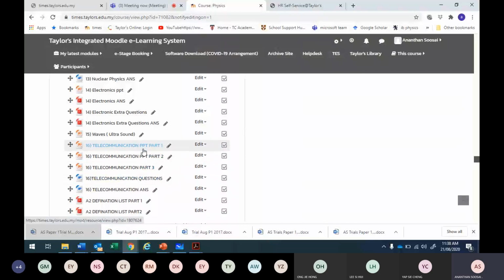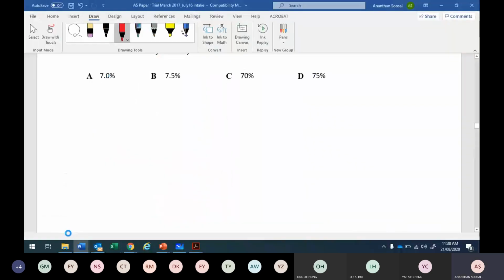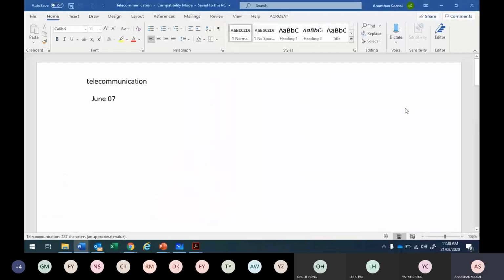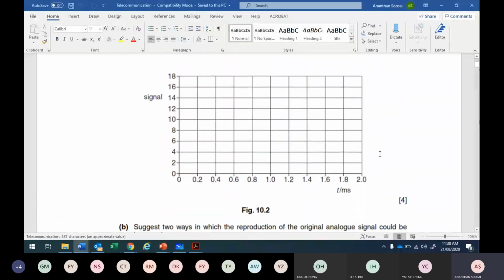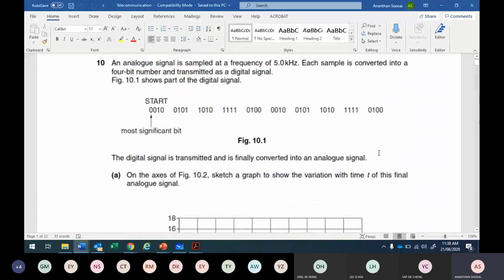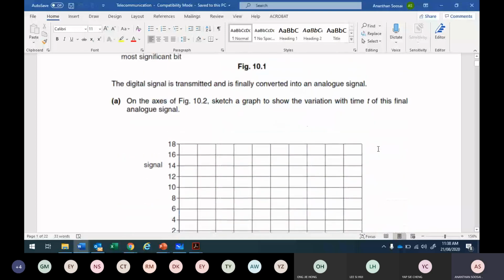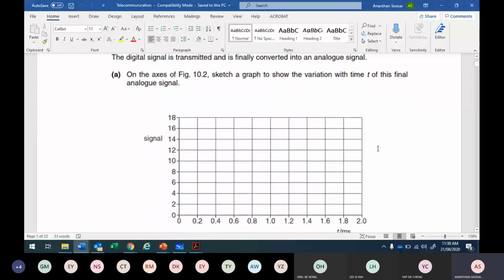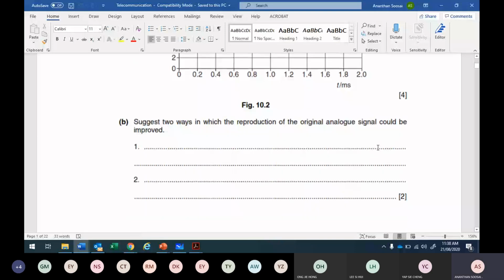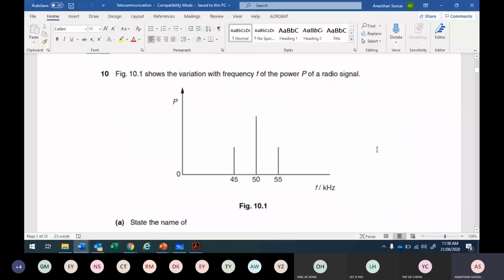Okay, so you have questions from telecommunication. Maybe one question. Okay. So this is your telecommunication. Okay, we done this just now. Okay, this is one. We go for digitalization.